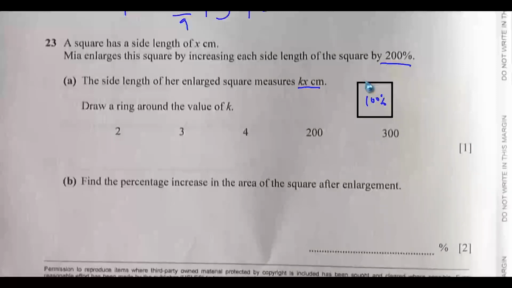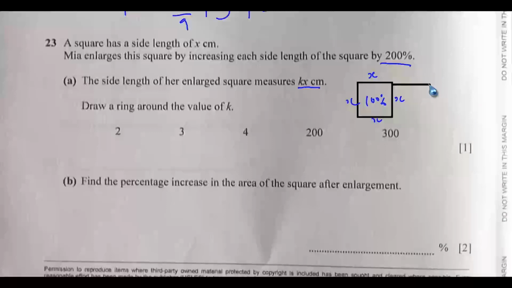Each of the sides will be at 100% and is given as x, x, and x. If the side length of the square is increased by 200%, this is what will happen. By 100% it will be double this. You're going to have twice this.